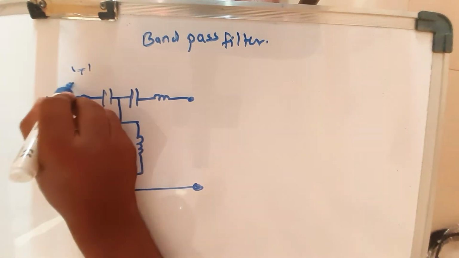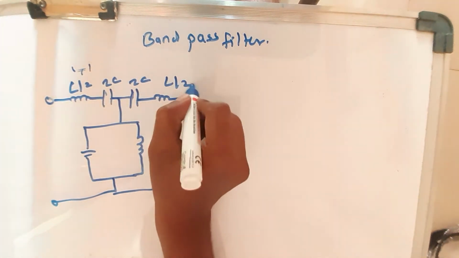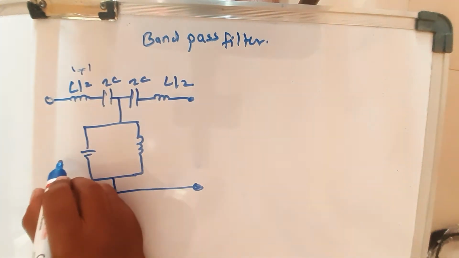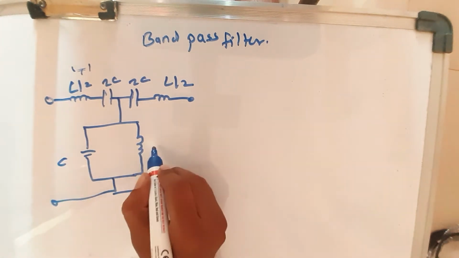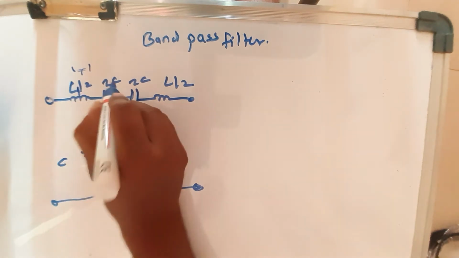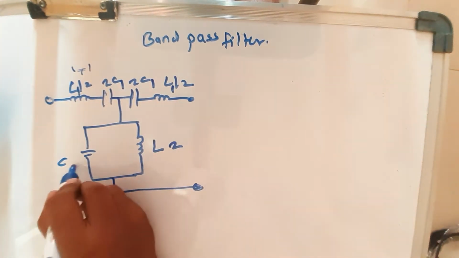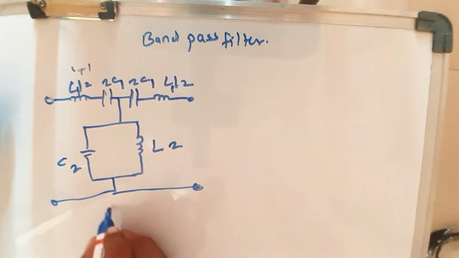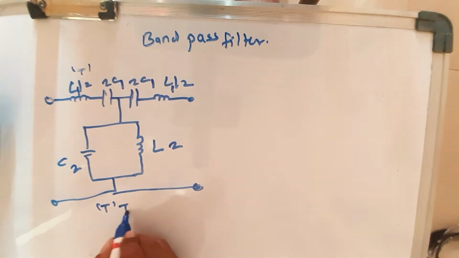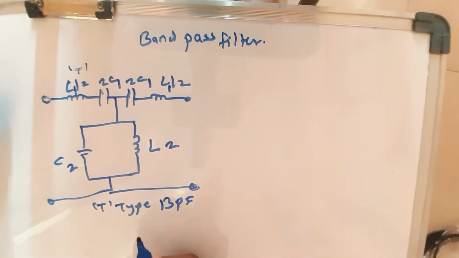Okay, so this is L by 2, twice C, L by 2, then this will be C and this will be L. Okay, so we will mention L1, C1, C1, L1, this will be L2, C2. This will be the T type of band pass filter.